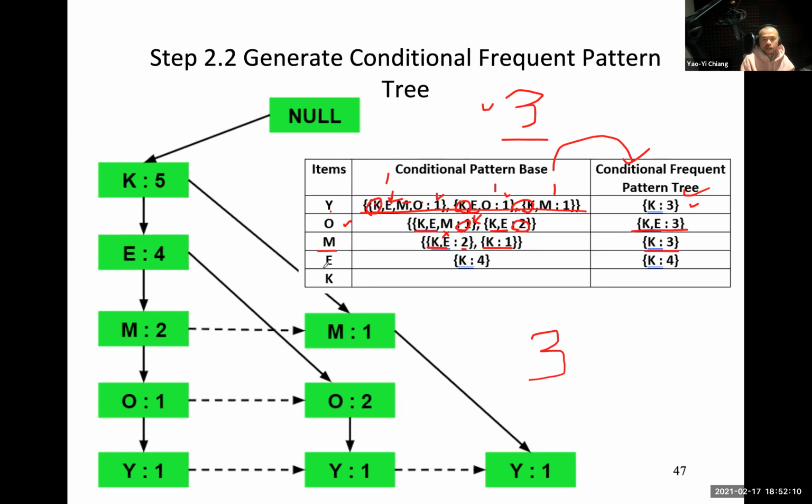You can generate K, O, right? And the count is 3. Or you can have E and O, or you can have EKO. So question, why KE is not 4? Because 1 plus 2 is 3.